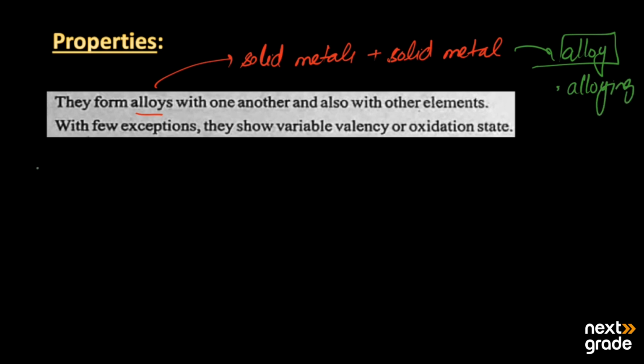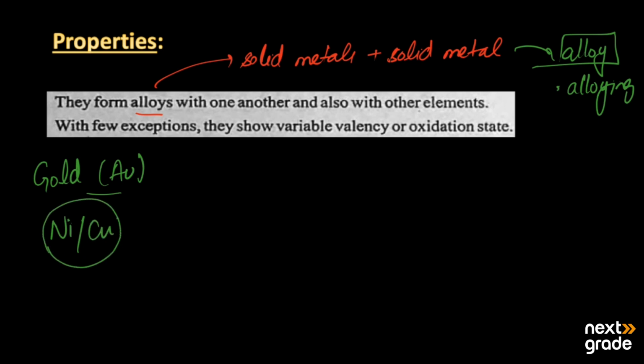For example, if we talk about simple gold, its symbol is Au, and this is also a metal. On the other hand, in the formation of coins, nickel and copper are used, and the two metals are combined to make another solid substance.